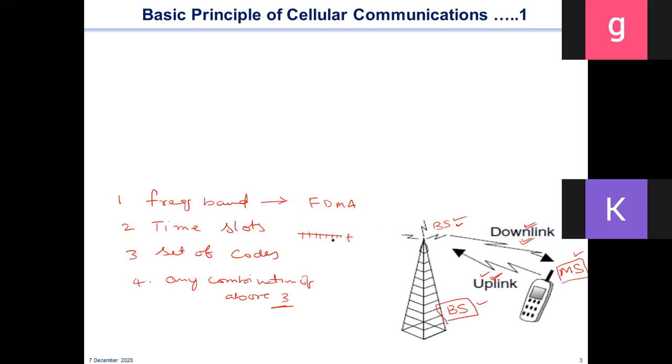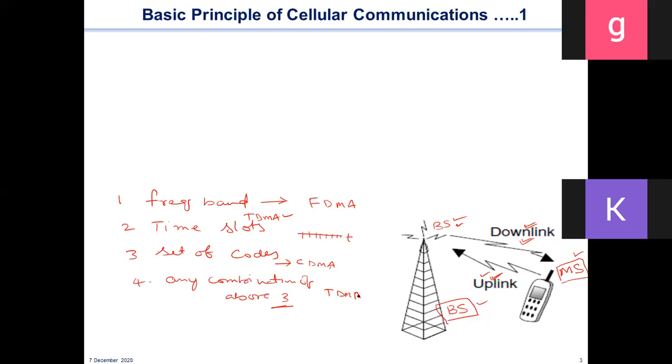This is what is called time division multiple access, TDMA. Set of codes: instead of using frequency division and time slots, I use code division multiple access, CDMA. Time and frequency are orthogonal to each other. Let me discuss later.